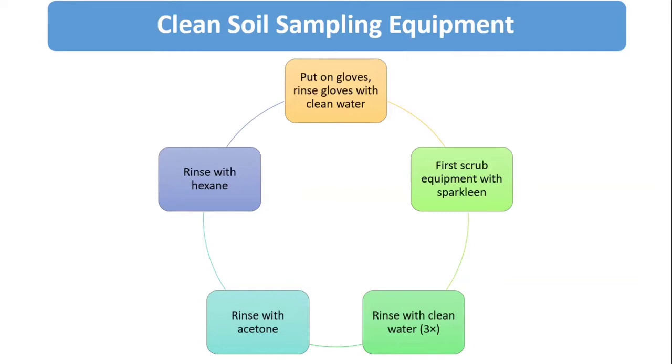So put on your gloves and rinse gloves with clean water. This will help to avoid contamination from your hand to the sample and vice versa. Then we first scrub the equipment with spark clean, then rinse with water 3 times, then rinse with acetone, then rinse with hexane.